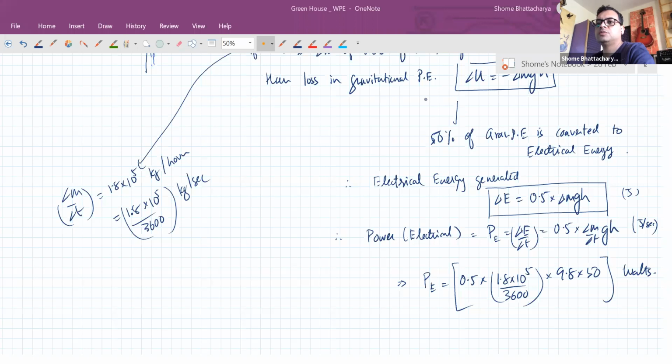So this was question number 19, which you especially asked about, so hope this is clear to you. If each bulb is 100 watts, then just divide the total power by the power per bulb. Similarly, you attempt question number 22 also, we'll discuss that in the next lecture.